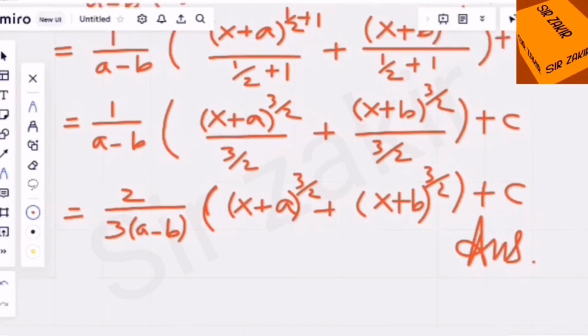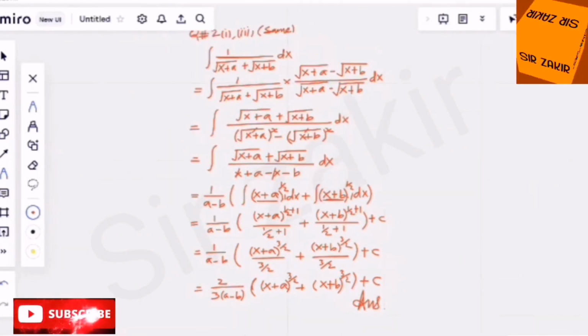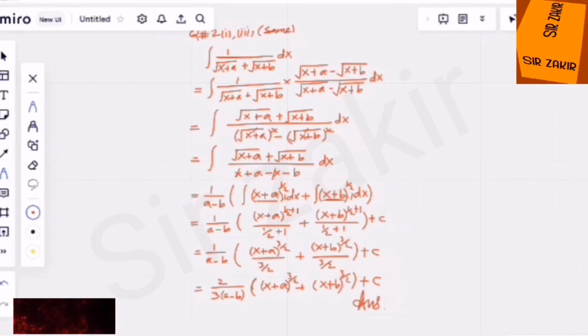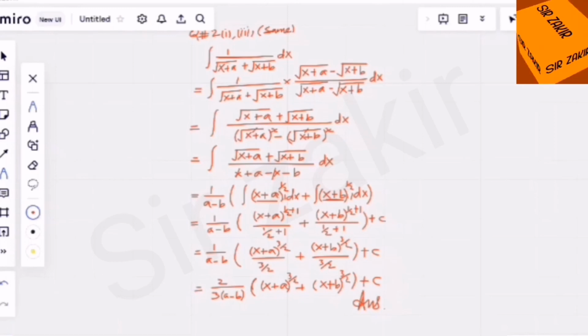So we can bring the entire solution before us also. Let's look. We multiply and divide by the conjugate of the denominator to rationalize it. So we rationalized, and then the denominator simplifies to a minus b. We take it out as 1 by a minus b, and then we separate the integration on x plus a, whose power is 1 by 2, and x plus b, whose power is 1 by 2. The derivative of x plus a is 1, written with it, and the derivative of x plus b is 1, written with it.